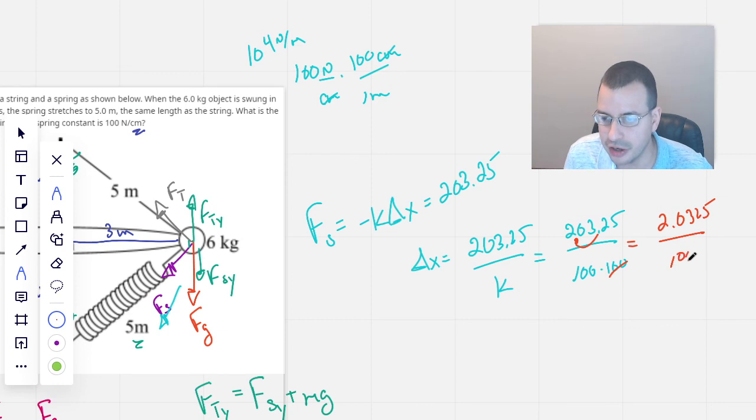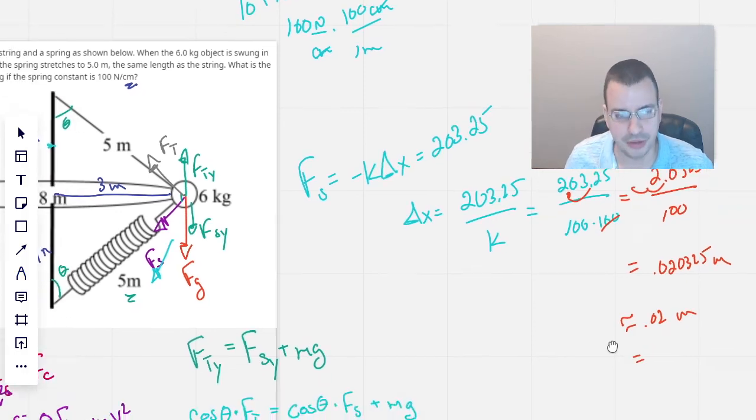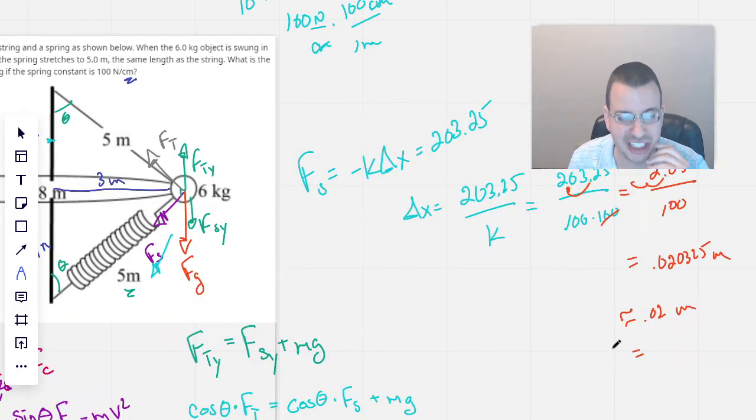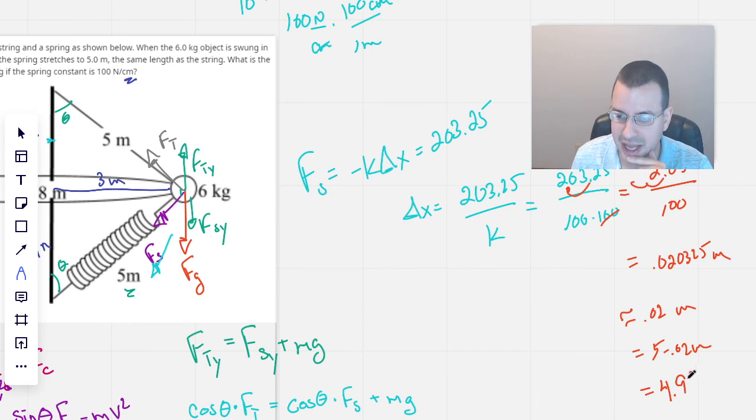So we have 2.0325 over 100, so 0.020325 meters, which I'm going to call 0.02 meters. Therefore, its unstretched value would be 5 meters minus 0.02 meters, which would be 4.98 meters.